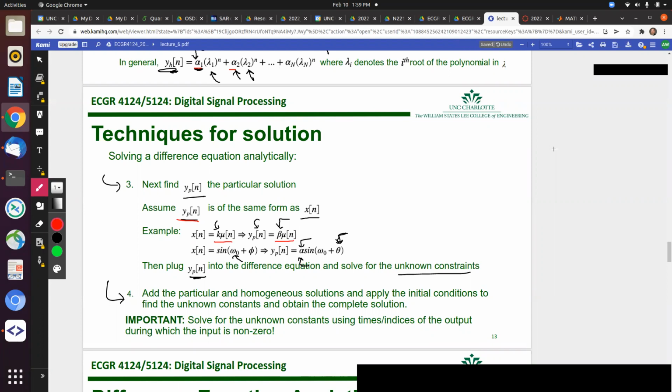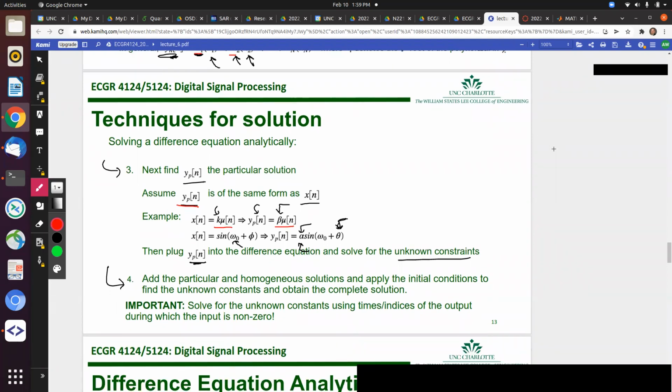In fact, this is what you also do when you do the delta function, but it's sort of unconscious. You get a particular solution. Then you add together the particular and the homogeneous solution, YH of n plus YP of n, and you get the general solution Y of n.